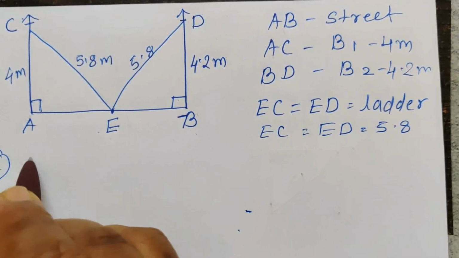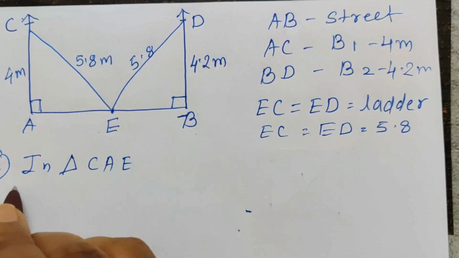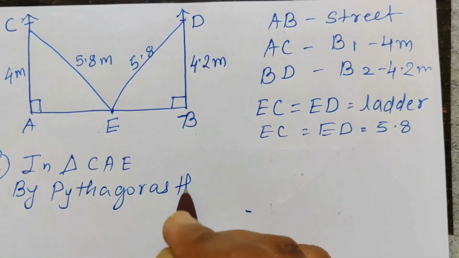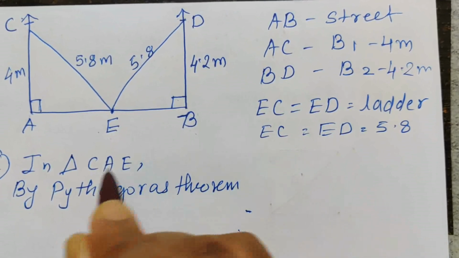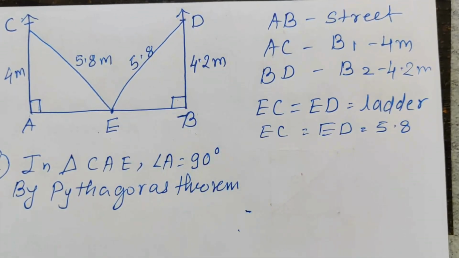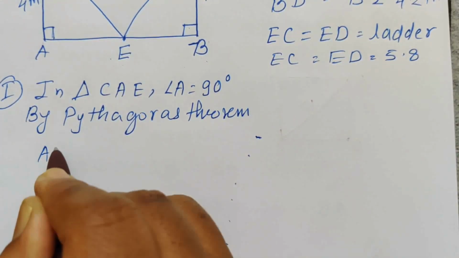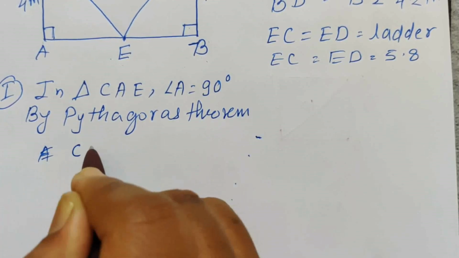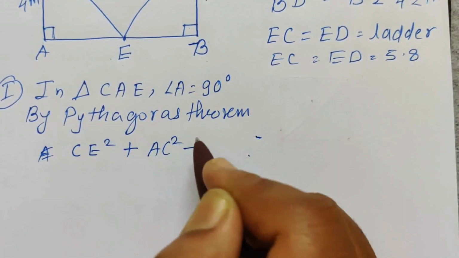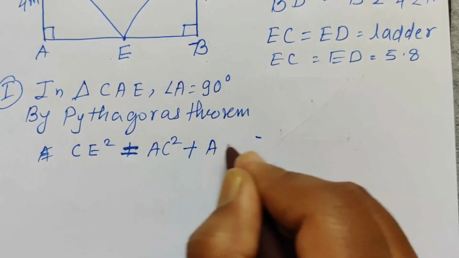First part of the example. In triangle CAE, angle A is equal to 90 degree, so when you apply the Pythagoras theorem, you will get CE square is equal to AC square plus AE square.